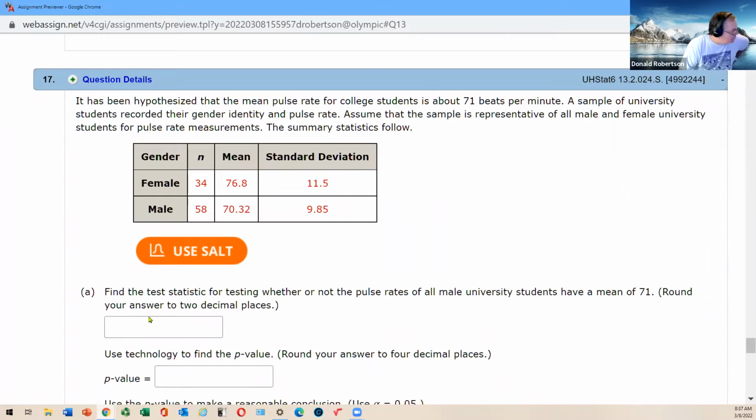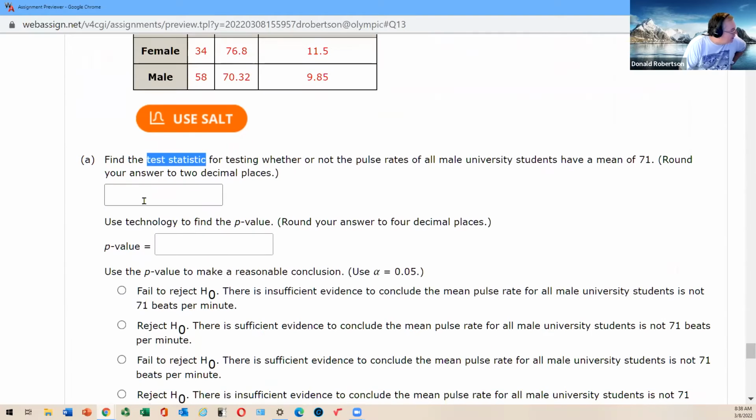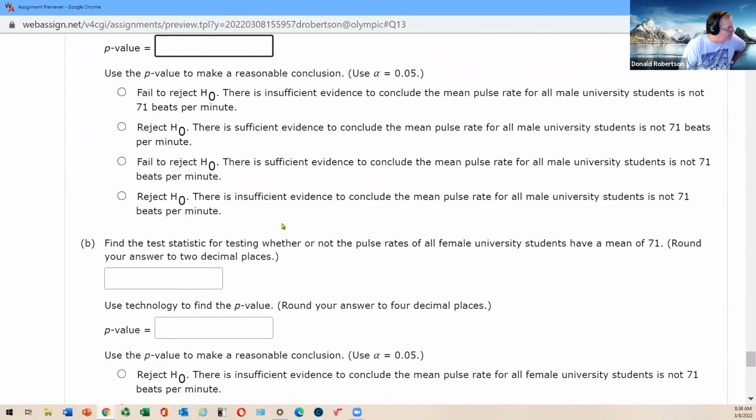In question A, we're going to find the test statistic. Can you remember what the test statistic is another name for? Z-score. In our case, a t-score.